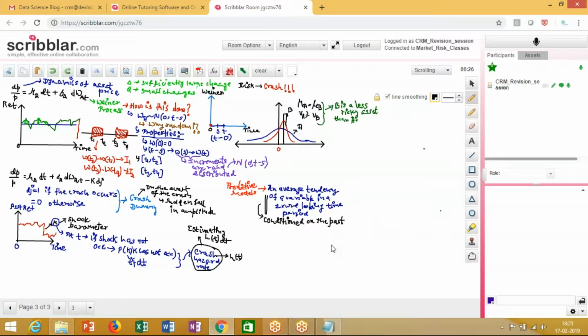How is average behavior represented in a stochastic model or in a stochastic environment?